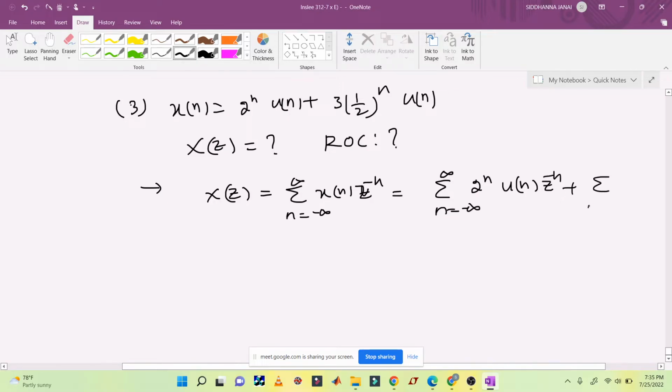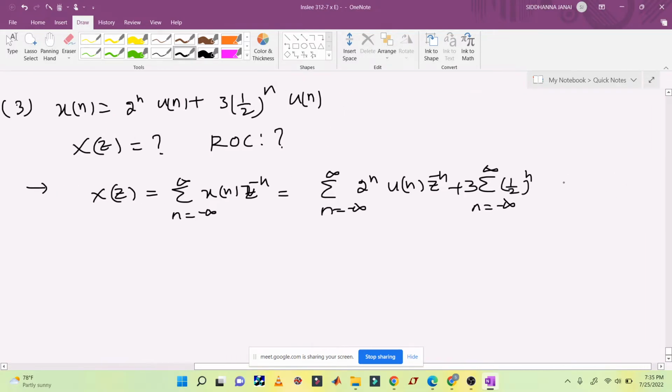Then n is equal to minus infinity to plus infinity, 3 I will write outside. It is a constant, that's why it does not depend on n. 1 by 2 to the power n u of n z to the power minus n. Since u of n is there, the limit will change from 0 to infinity.